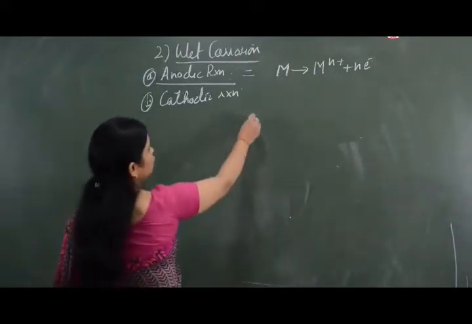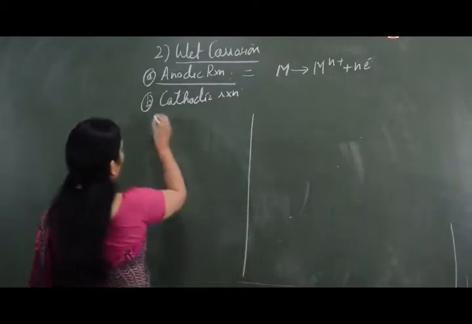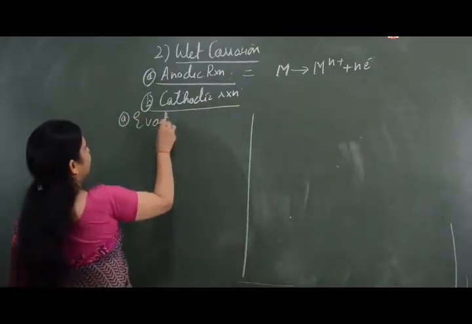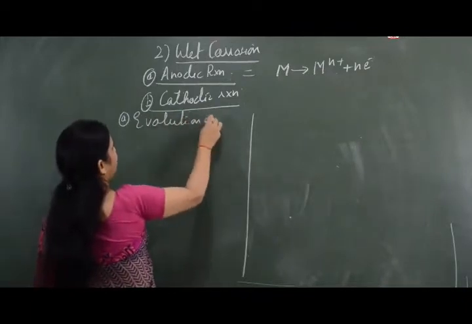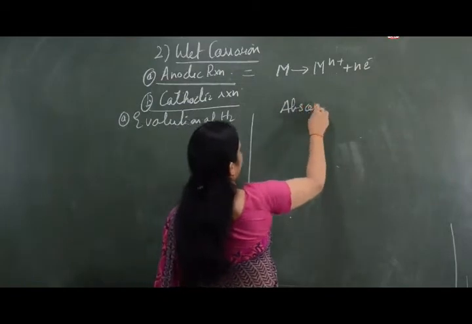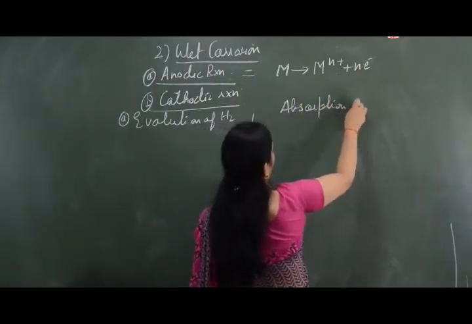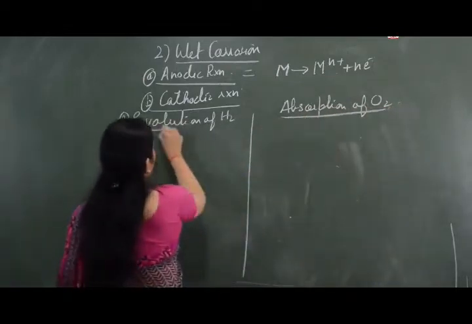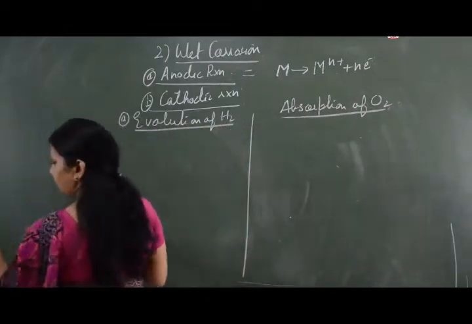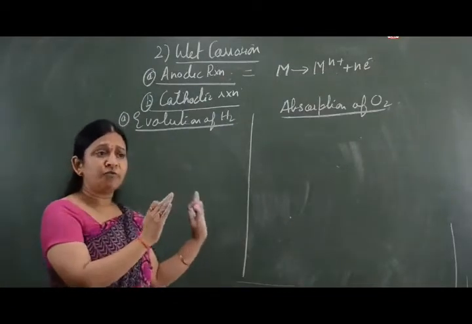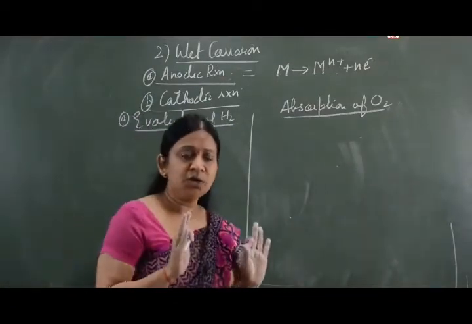So we have two cathodic environments. One is evolution of hydrogen and second is absorption of oxygen. These are the two environments which are present on cathode, and depending upon these, further reactions are going to take place.